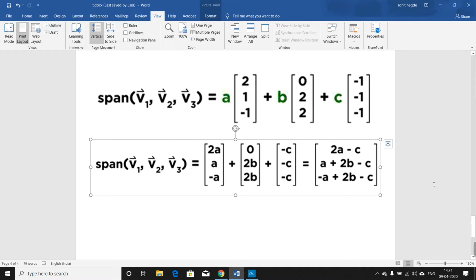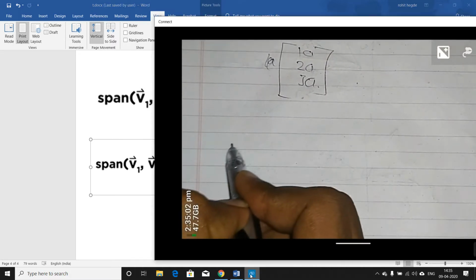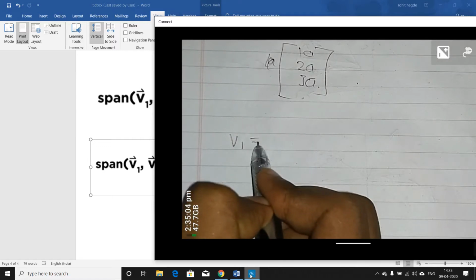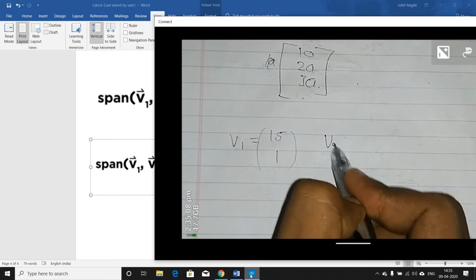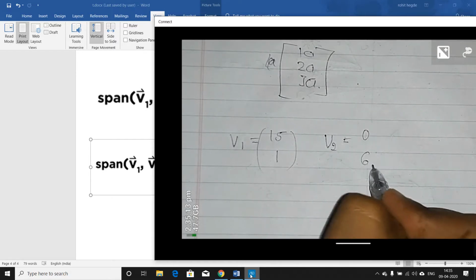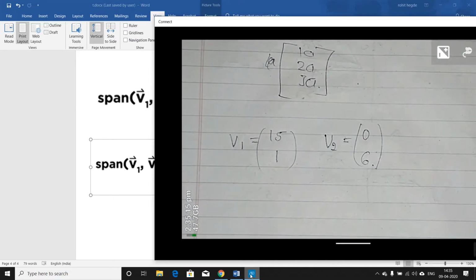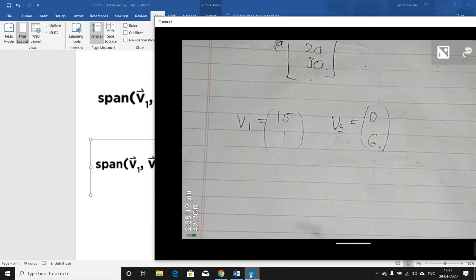Now we will see some basic questions regarding this. If I have vector v1 equals 15, 1 and v2 equals 0, 6, then what is the span of these two vectors?